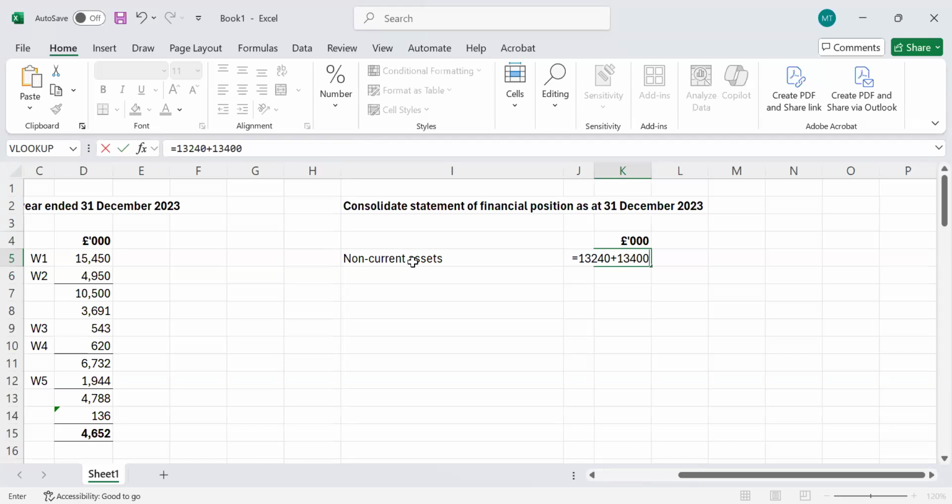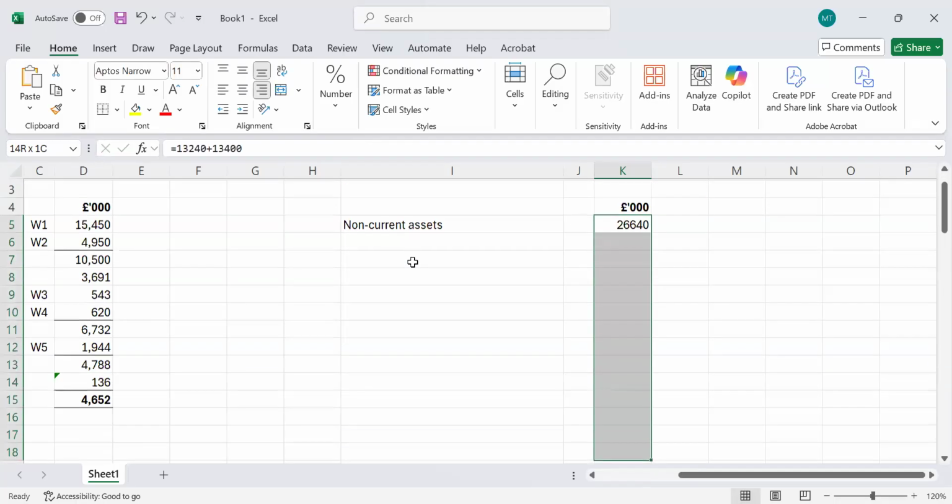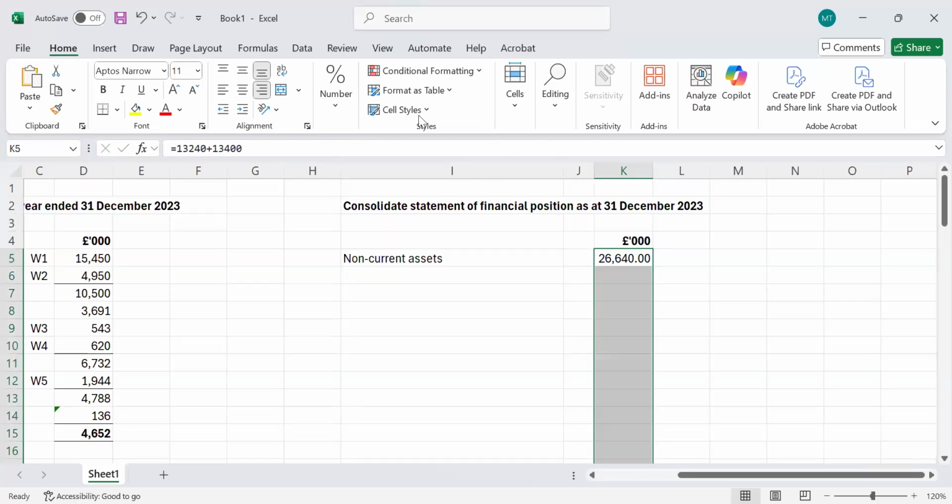So the fair value of Woods Limited's non-current assets was 13.4. In total, you will see 26,640, the consolidated figure. That's the easy and simple start.